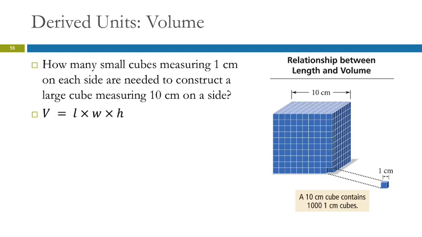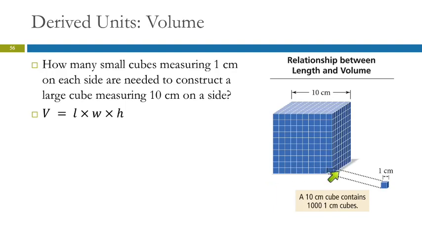So if we want to make a large cube that measures 10 centimeters on a side, how many little cubes that are 1 centimeter on a side do we need? Well, to get 10 centimeters on a side, we'd have to have 10 of those cubes, right?